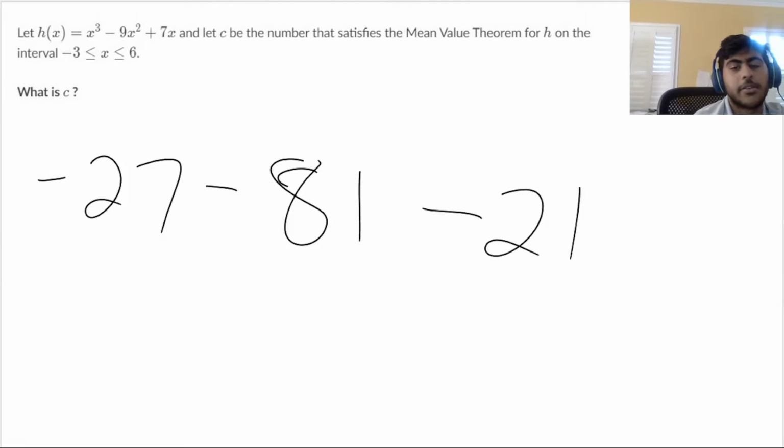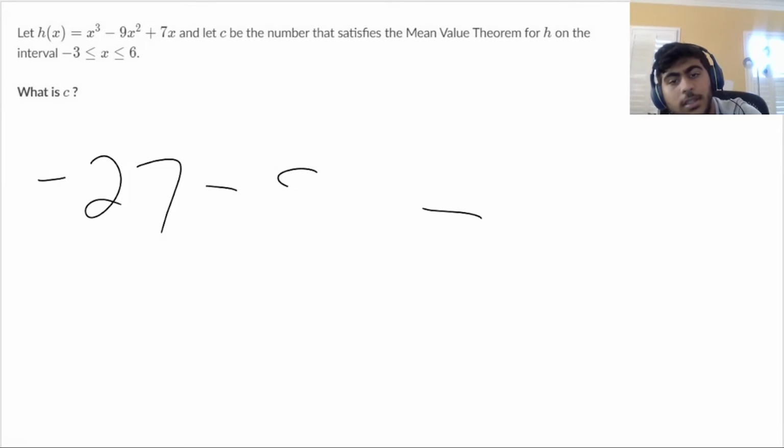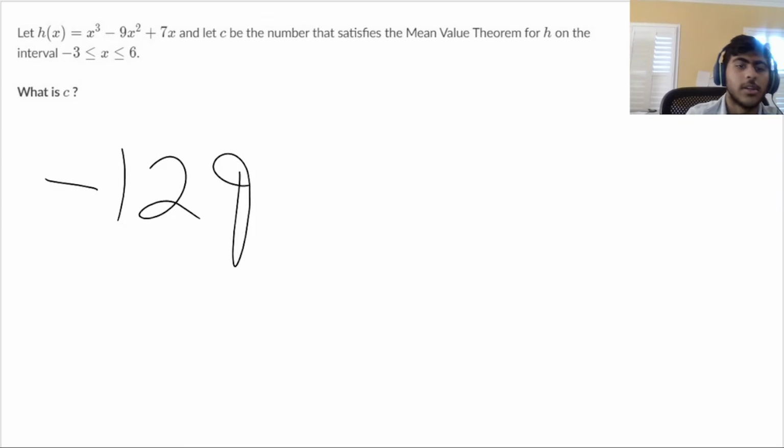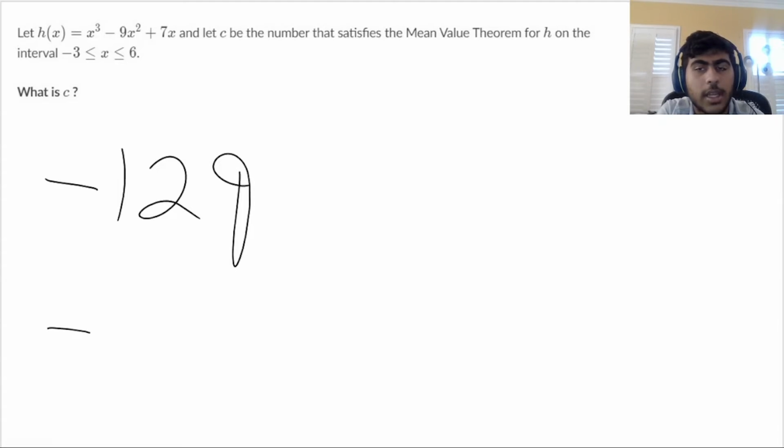Very extremely negative, so it's going to end up being negative 129. Negative 129 there. And then you plug into the other one, you get 216 minus 324, and then you add back 42, and you're going to end up with negative 66.